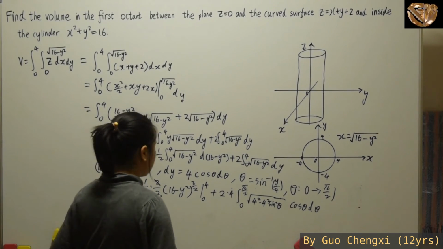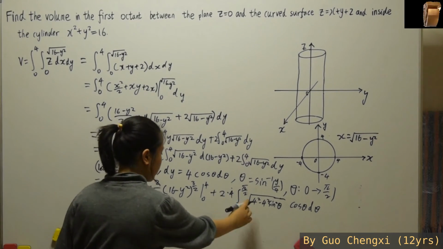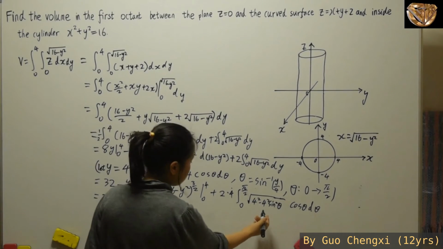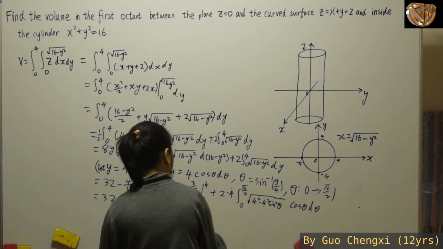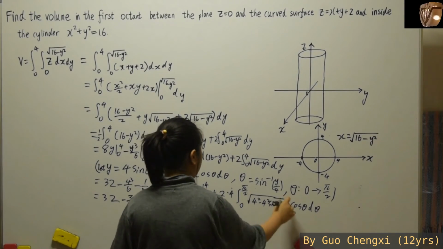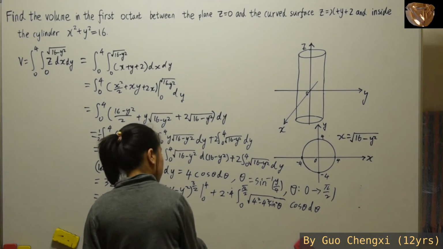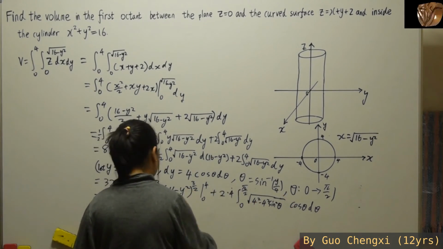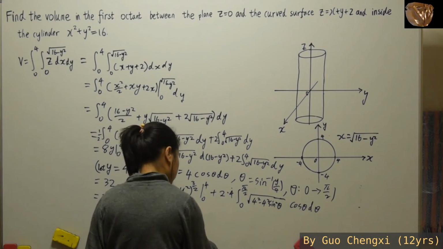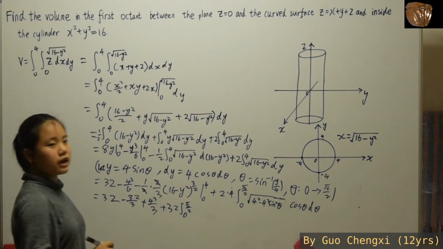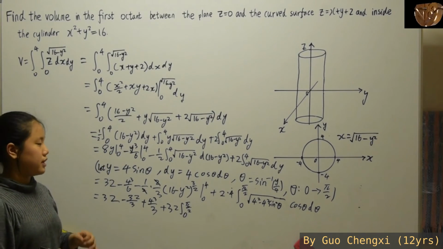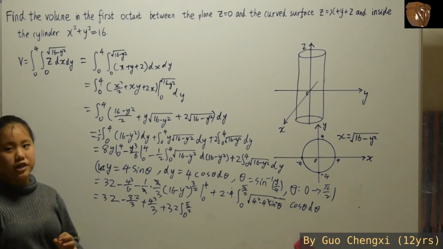So now that we have gotten this part, what we're going to have is we can take out, this will become 4 squared. Here you can take out the 4 squared, and because here we have a square root, we'll have another 4, so 4 times 8, 32, from 0 to pi over 2. So if you realize once you take out the 4 squared, it's going to be 1 minus sine squared theta, right?